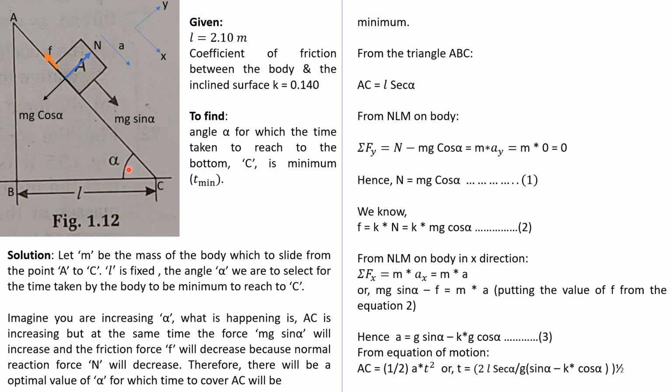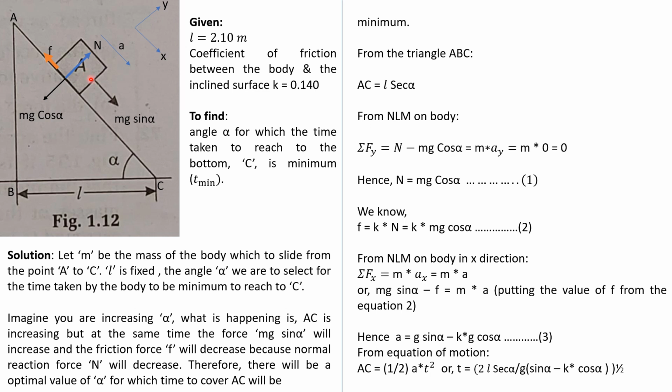We are to calculate the angle alpha for which the time of sliding from A to C will be minimum for this body. Let us notate the time as T min.